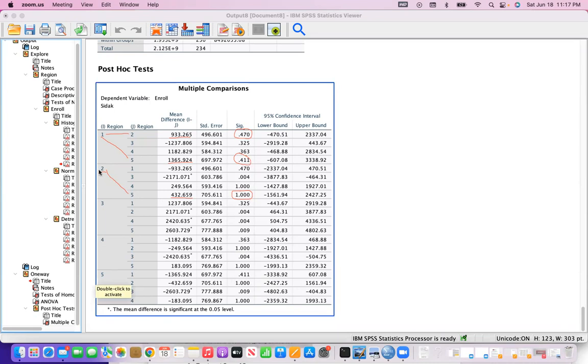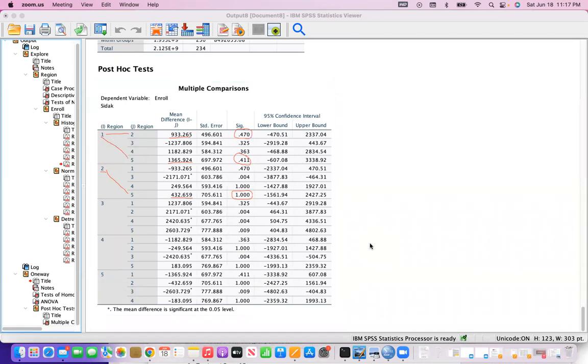And region 2 versus 1 right here is 0.470, which is the same as it is right here when we have region 1 compared to 2. So the ANOVA test is a great way for you to be able to run multiple comparisons between many different groups without having to run test after test after test.